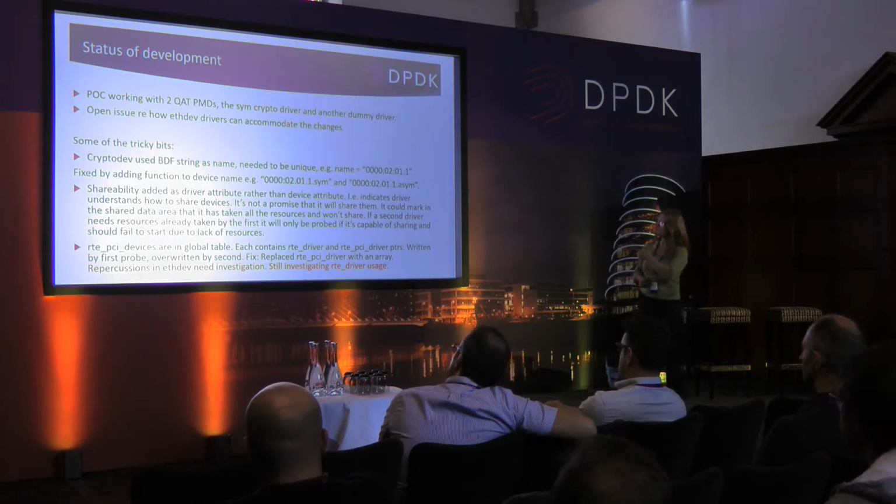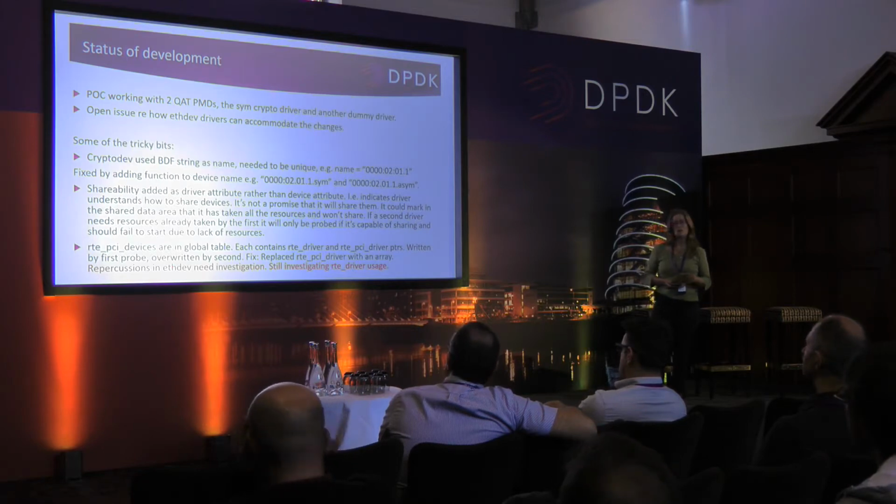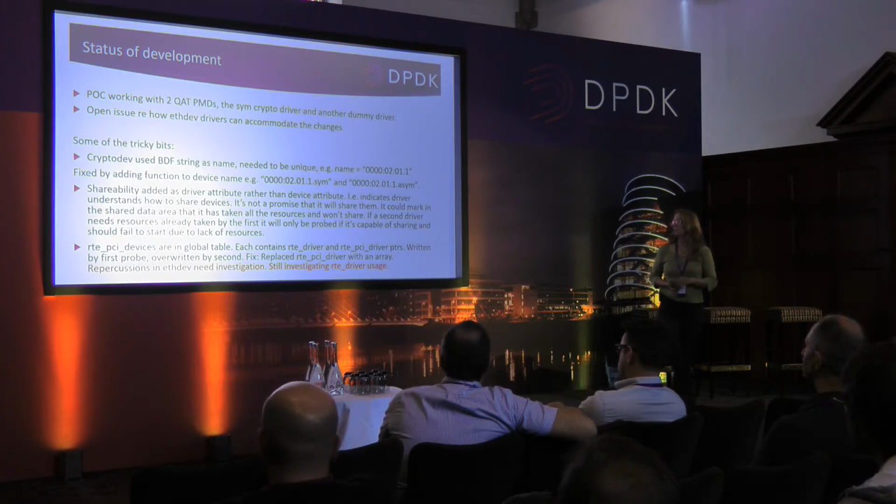Okay, so the last one is the issue that I'm blocked on at the moment, which is that the devices themselves are in a global table. So for every PCI device, there is one device only in the system. And it contains a pointer to the driver, and it also contains a pointer to an rte_driver.